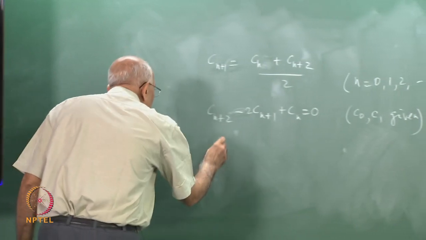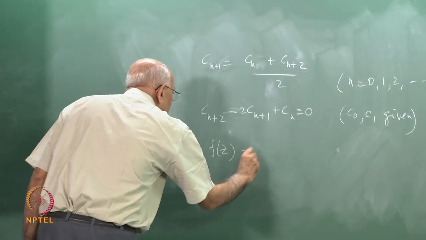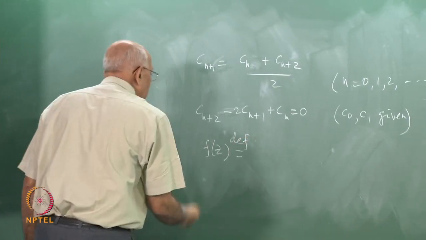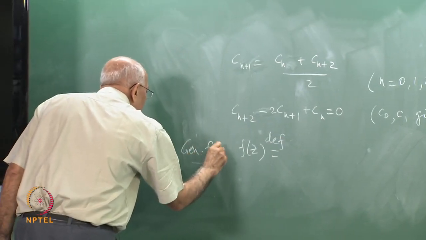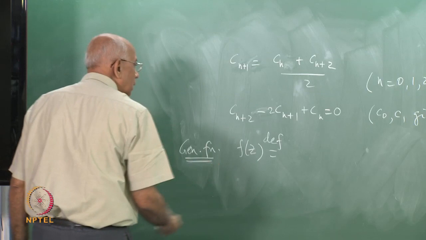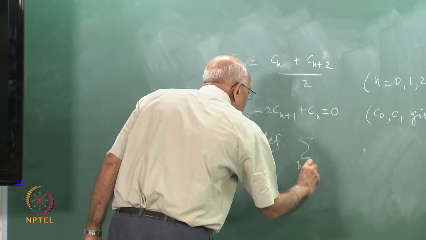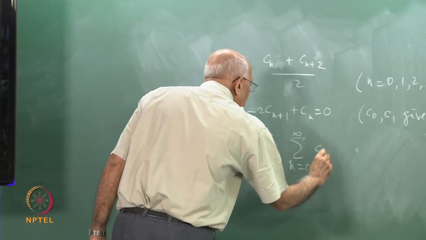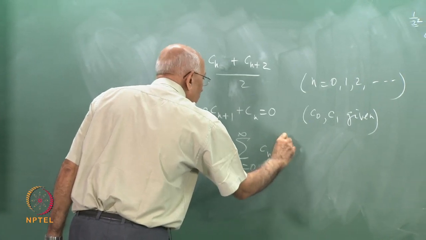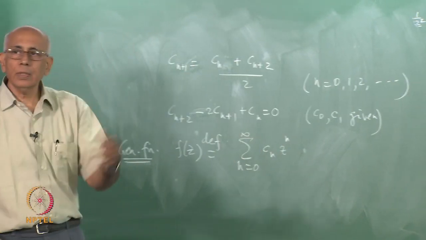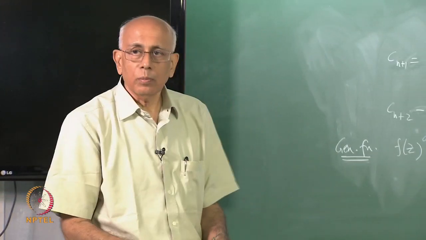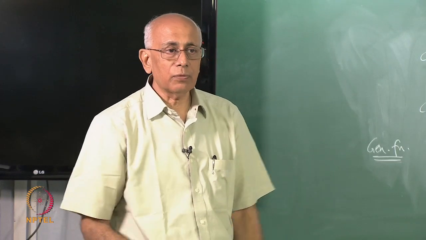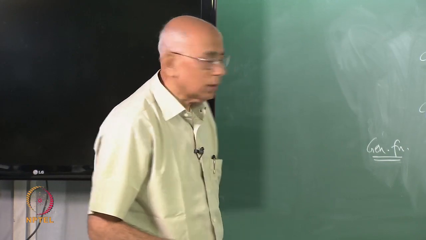So let us define f of z. The generating function is defined as the sum from n equals 0 to infinity of Cn z to the power n. So introduce this complex variable z and use your coefficients to multiply z to the power n and define this function of z in this fashion.